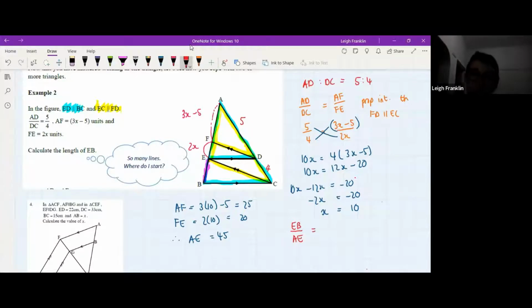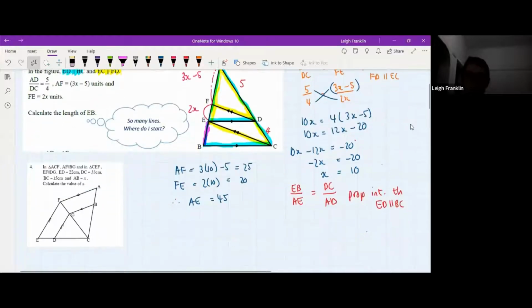And that means on the other side in the blue triangle, I've got to put DC at the top and AD at the bottom. Because I'm doing proportionality intercept theorem, I have to state that this is what I'm doing. I have to name the parallel lines. So in this case, it's because ED is parallel to BC.